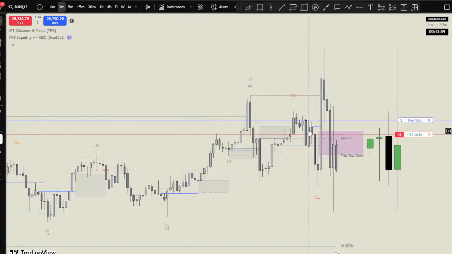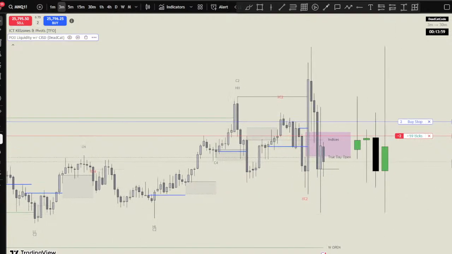All right, so it does start to look good in that sense of that displacement from there. But remember, it just matters really. We need to see that continuation through it.